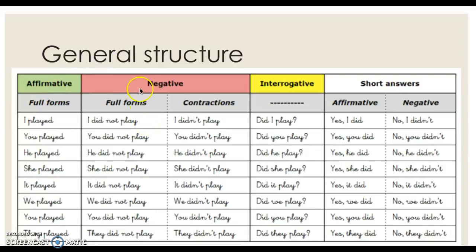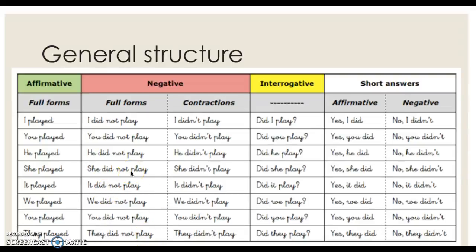Then we have, for negative, remember that we always need an auxiliary. And the auxiliary that helps us do everything is the verb do. So in simple present, in order to do a negative sentence, we say don't, right? So I don't play, you don't play, he doesn't play, she doesn't play, it doesn't play.